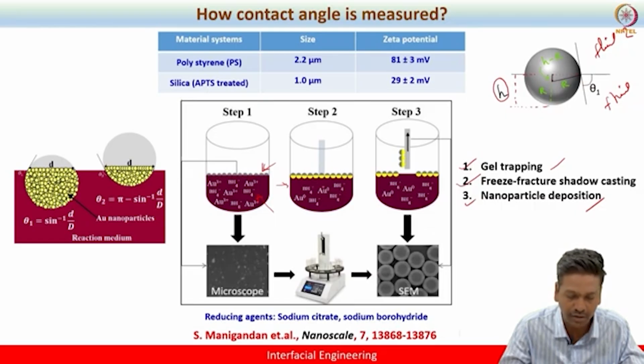You have an amidine functionalized particle, and you have the chloroauric acid, which bears a negative charge. Since the particle is amidine functionalized, it carries a positive charge.